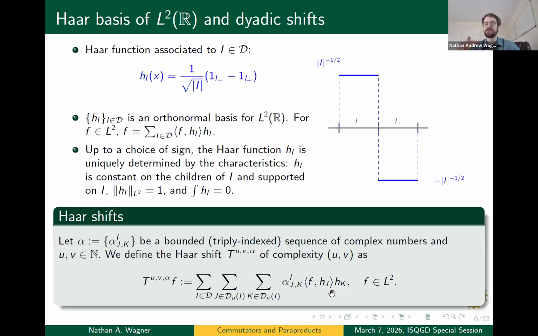So these Haar shifts scramble the Haar functions around and move them between dyadic levels, but do so in some bounded way, depending on this complexity parameter (u, v). And such operators are always a priori bounded, for example, on L2, as long as they have bounded coefficients.